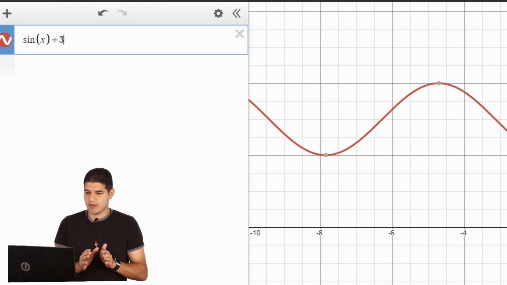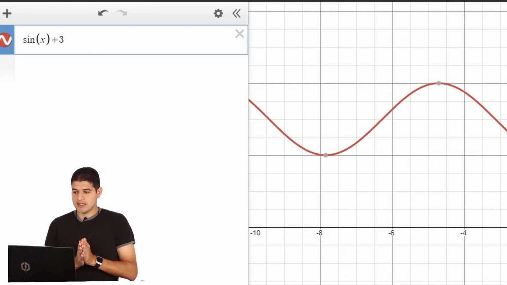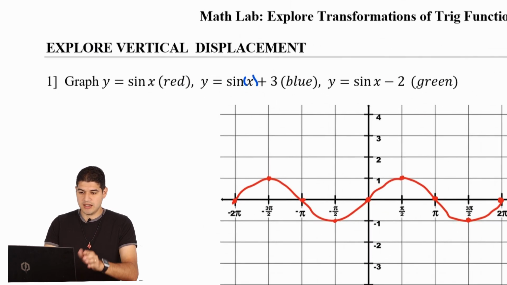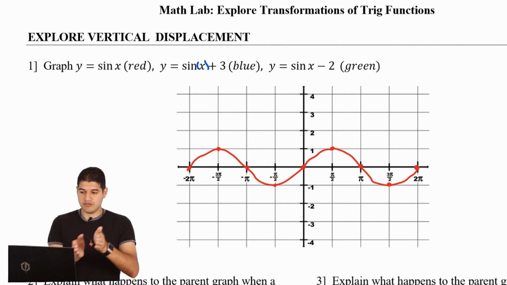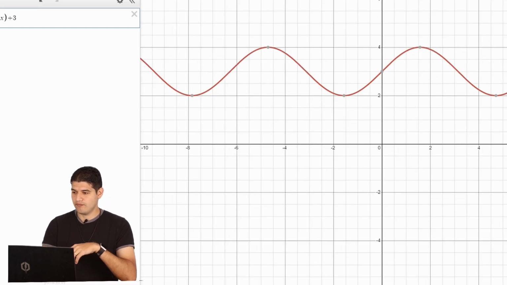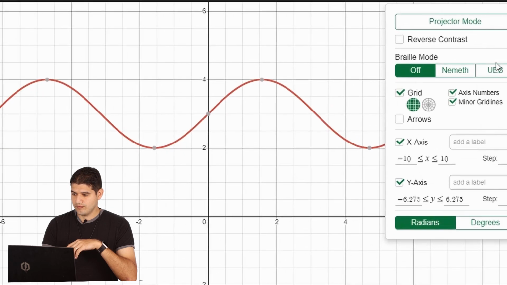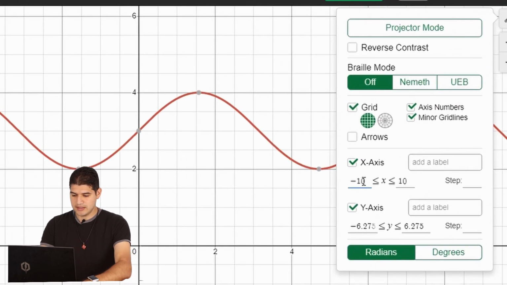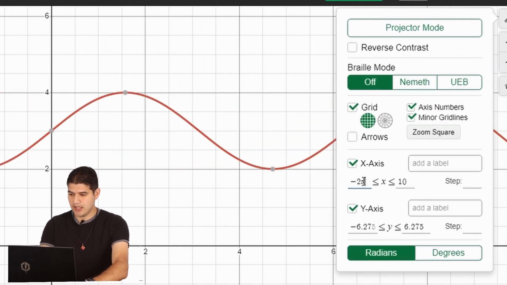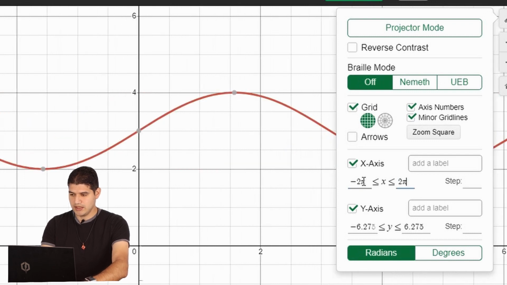And then a couple of things I want to do. The first thing is I'm going to want to match the table and everything as to the one that we have here. So from negative 2 pi to 2 pi. So let me put that in. So my x-axis is negative 2 pi to 2 pi.